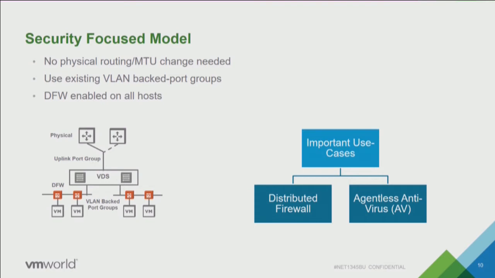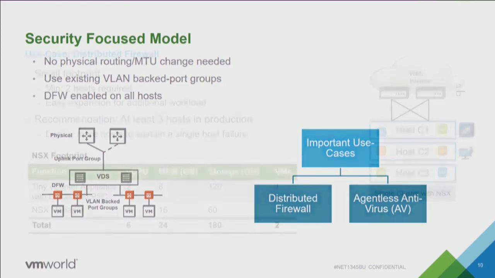The antivirus is being pushed to the ESXi host. Your ESXi host is responsible for scanning those virtual machines for antivirus or anti-malware protection. You have seen so many attacks recently, like the WannaCry attack and many other attacks. This is the technology that you can use even today, right now, to protect your workload. That is why it is so important and powerful, and it's so easy to deploy.